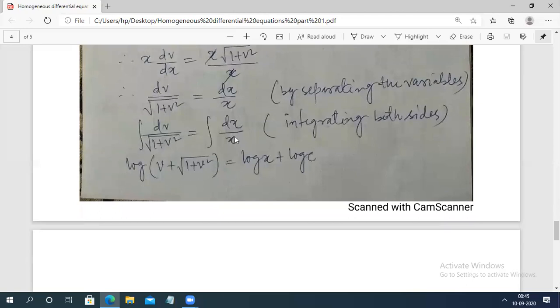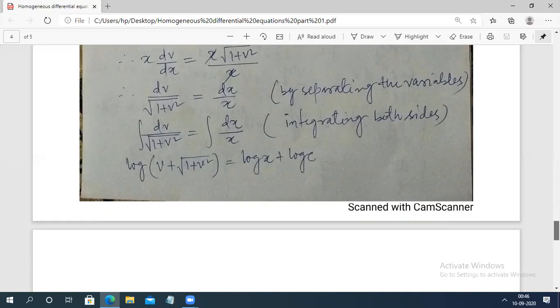Integrating both sides, the left side is of the form dx by root over 1 plus x square, which is nothing but log of v plus root over 1 plus v square, and the right hand side will give log of x plus log of c. Since both the terms have logarithms, we are taking the constant of integration as log of c for our convenience.